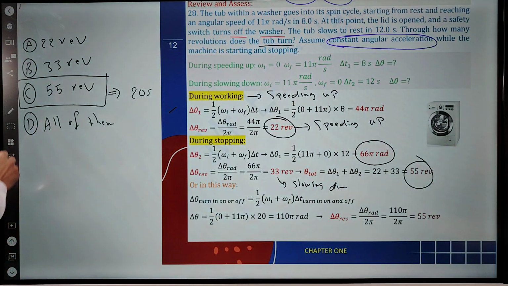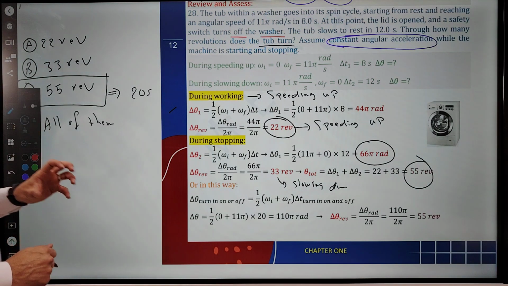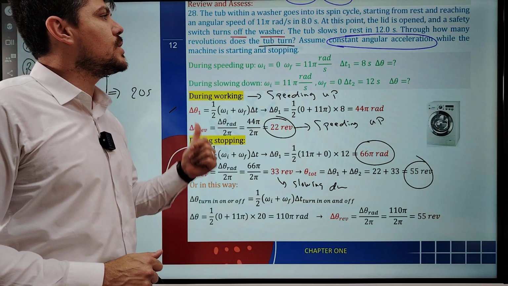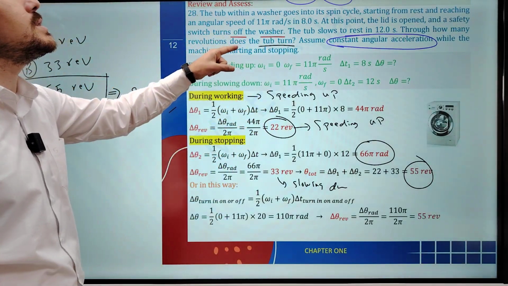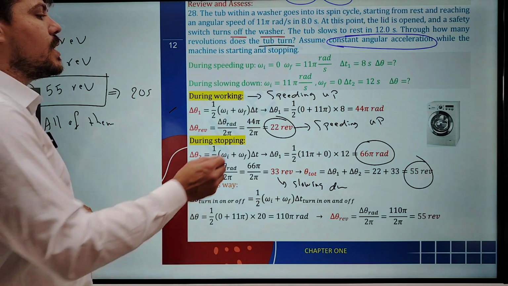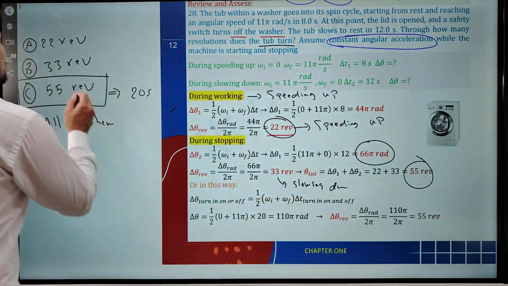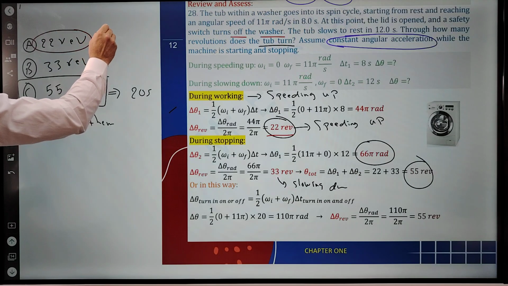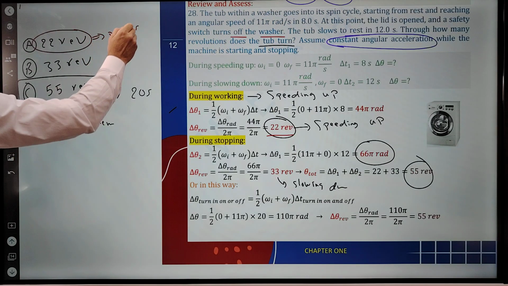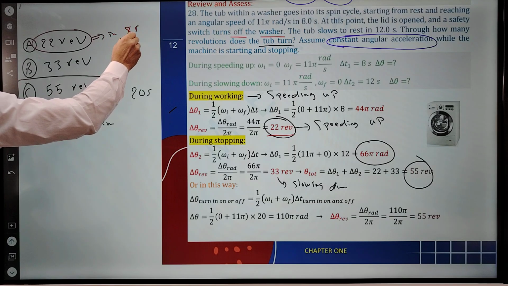But if the question says, through how many revolutions does the top turn during 8 seconds, which means theta 1, we found it is equal to 22 rev. So this is in 8 seconds, which is speeding up.